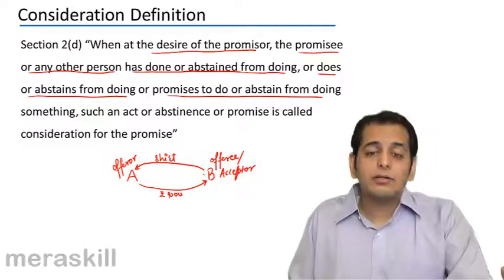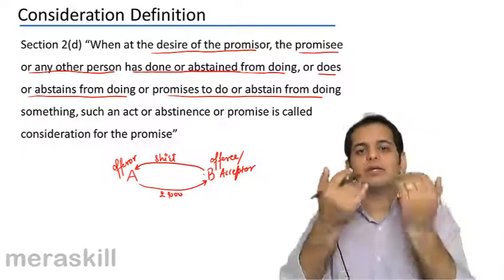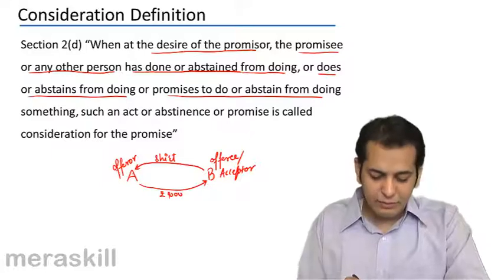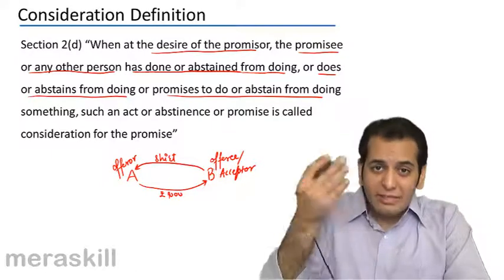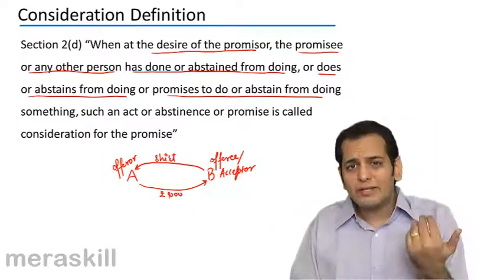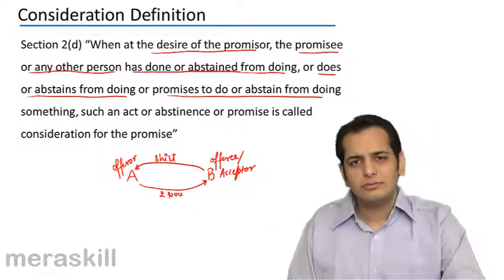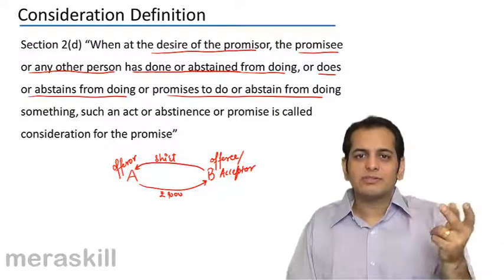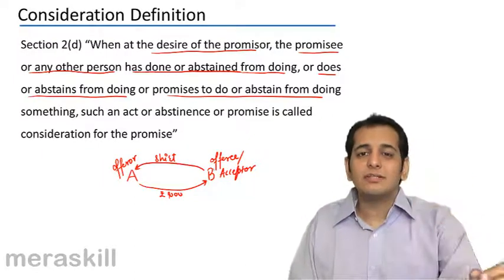Something in return means that he is giving something and he is getting something. At the same time, when B is giving a shirt to A, B is also getting something, and A is getting a shirt. So, a set of promises is forming consideration.